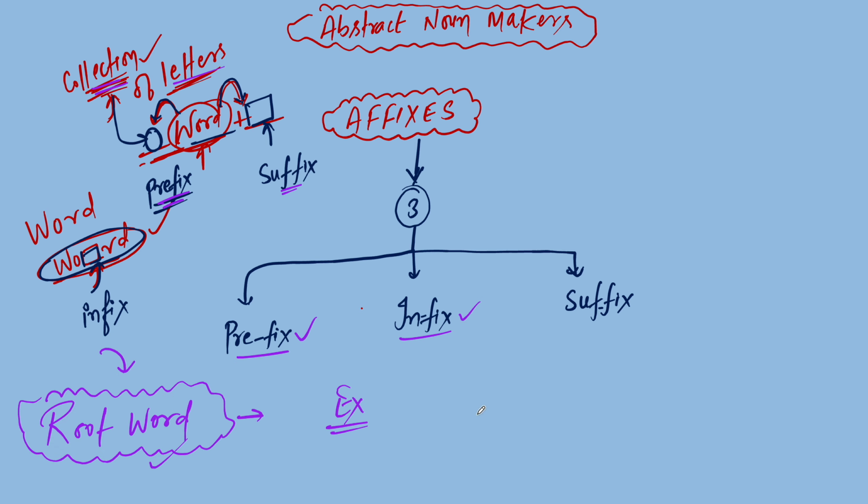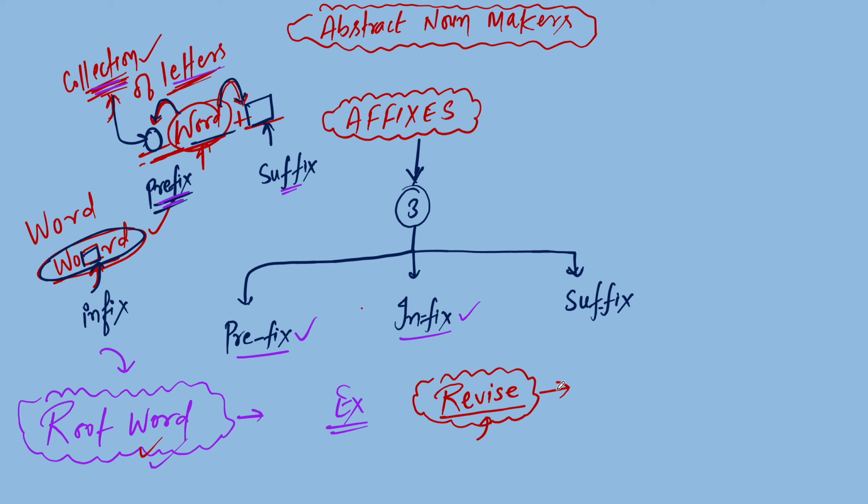Like, revise. Okay, so as this word is a basic word, or you can say a root word. Why? Because I'm going to add something to this word to change its meaning.